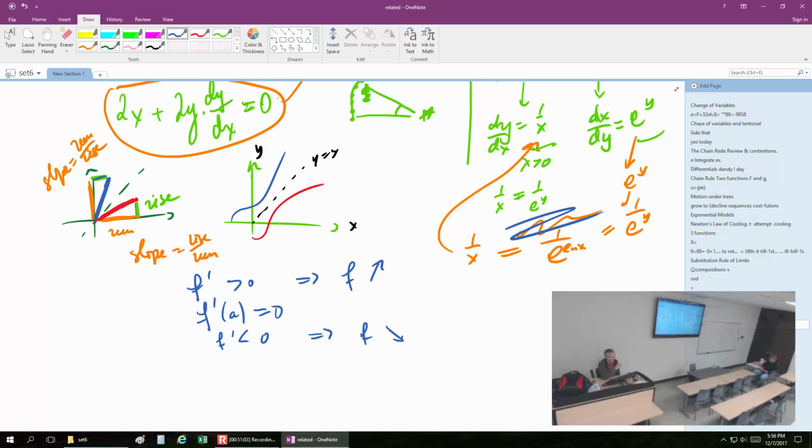No, I'm talking about one point at a time. So let's say we just found a point where the derivative is equal to 0. What does it tell you about the function? It's a trick question.